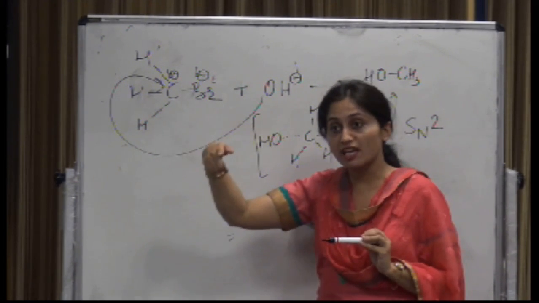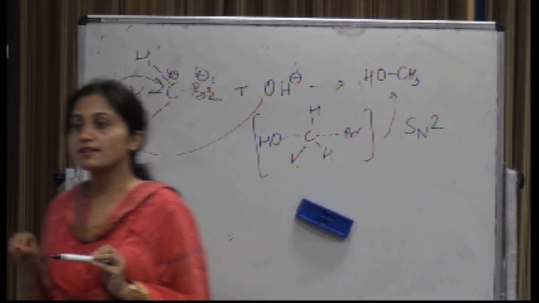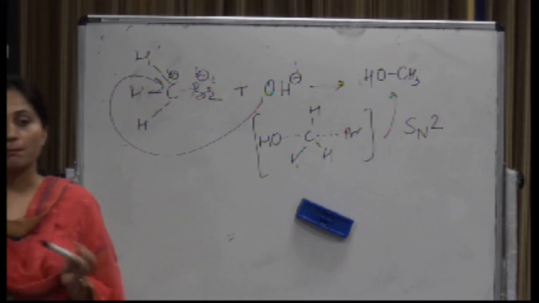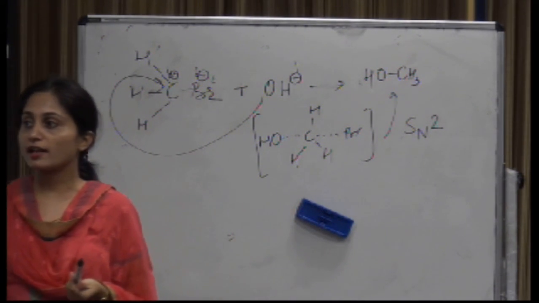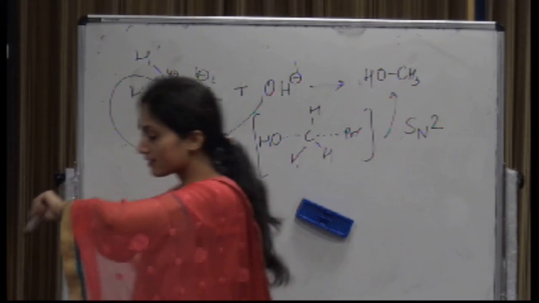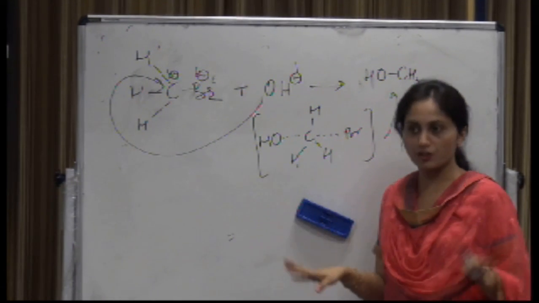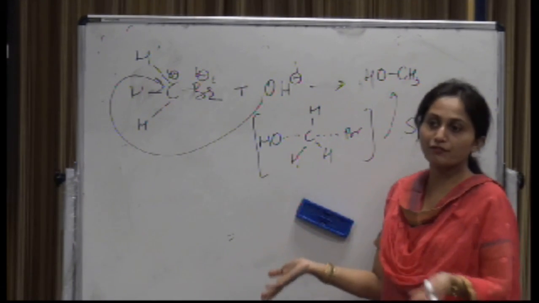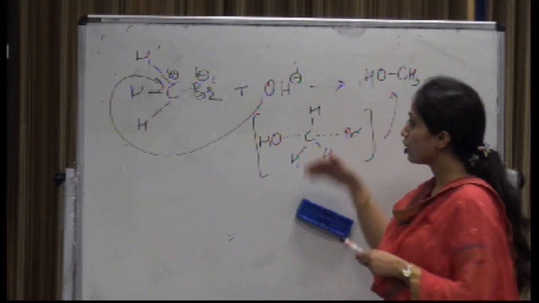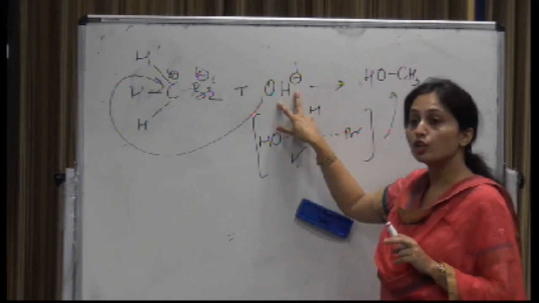Electron rich species are nucleophiles. Electron deficient species are electrophiles. Many people learn it as electrophiles being electron loving species. So electrophiles are electron loving, or they are electron deficient. They are deficient, that's why they have the love for electrons. So electrophiles are electron deficient and this is a nucleophile.